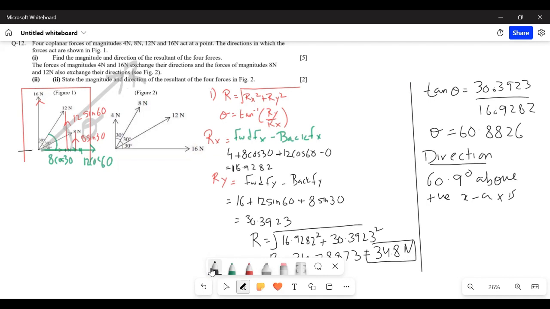So we've stated the magnitude and the direction of the resultant force in figure 1.